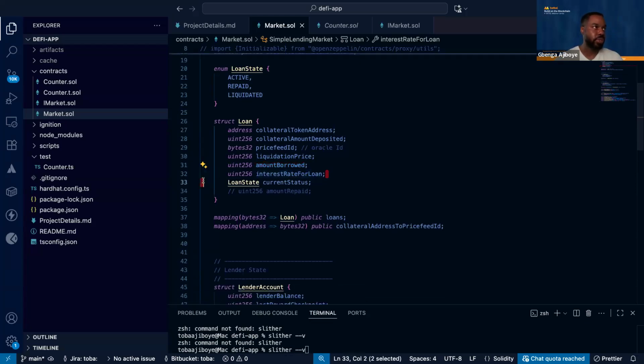Interest rates, for obvious reasons, because when they're doing the repayments, you need to be able to calculate amount borrowed times interest times time, and is this repayment amount valid, true or false? And then if the loan state is active, we know. Repaid, we know. Liquidated, we know.